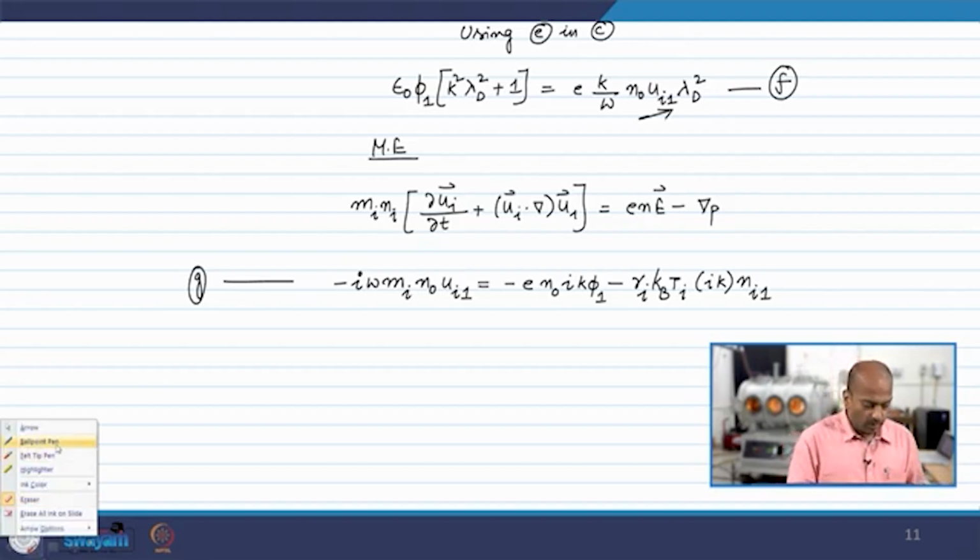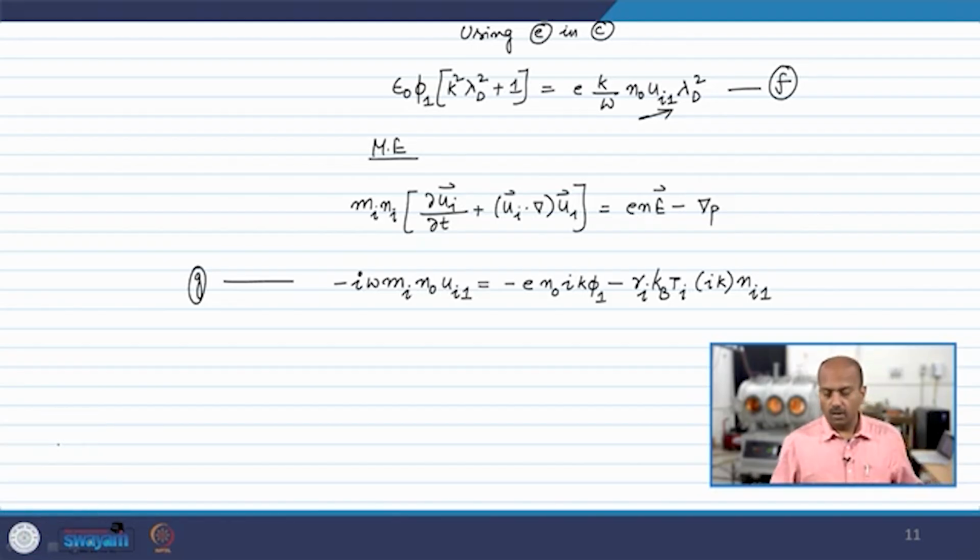Now let us look at equation number G. What is it that we are trying to do? We have phi 1, ni1, and ui1. Is there anything else which is a perturbed part which needs to be eliminated?